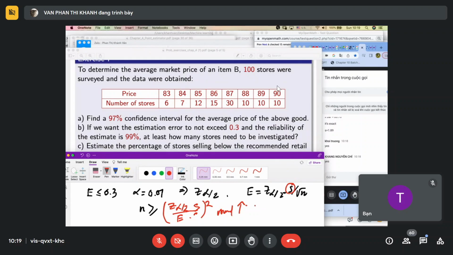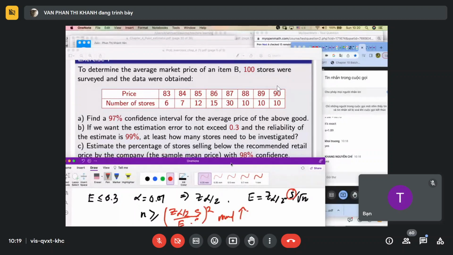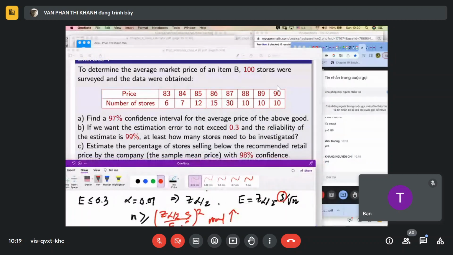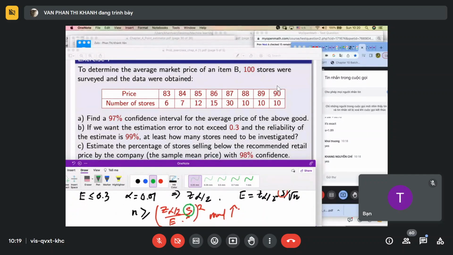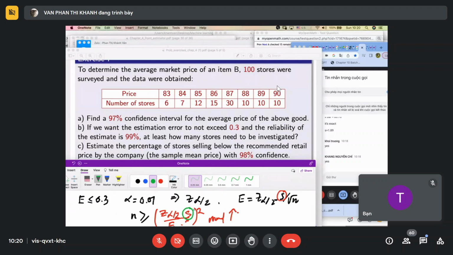Anyone has questions here? No? Can we skip it? Because it's exactly the same, but we just replace sigma by s. Class, do you agree with that?